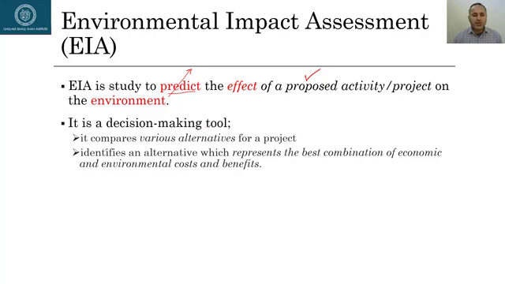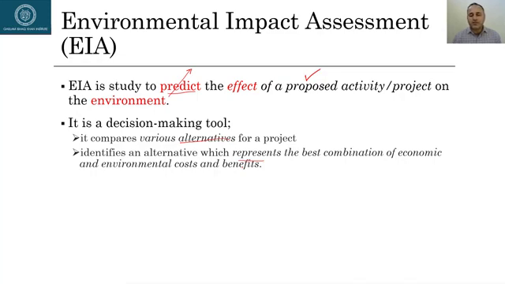And it's a decision-making tool because it compares various alternatives for the project, and it identifies an alternative which represents the best combination of economic and environmental cost and benefits. As I told you in my last lecture, every project has some negative externalities.